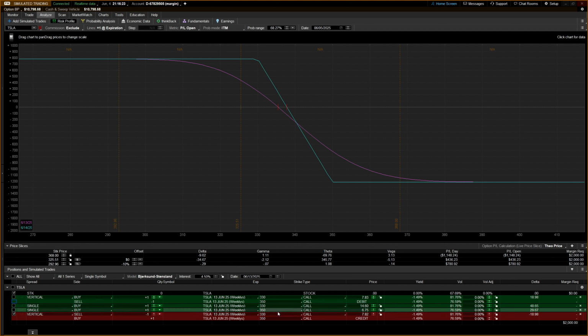So if Tesla decides to rip over 350, both of the strikes here, and you do get obligated, then you want to just execute that. Then you're going to immediately lose $20 because it's a 20-point spread, but you will collect the entire premium. So your max loss is going to be $20 minus $7.82, which ends up being $12.18.